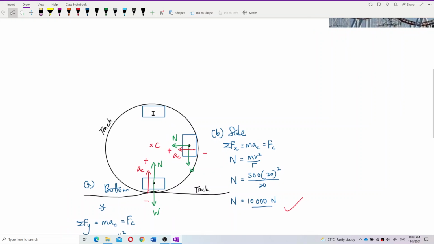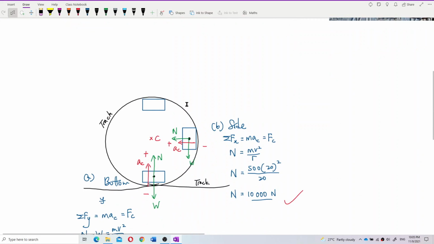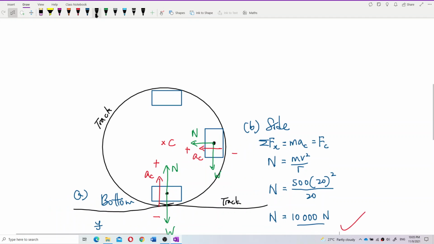So at the top position here, first of all, I need to draw the free body diagram. This is the point mass, and we have the weight of the object, which is downward. But you see the track is at the top, so the normal force is downward.